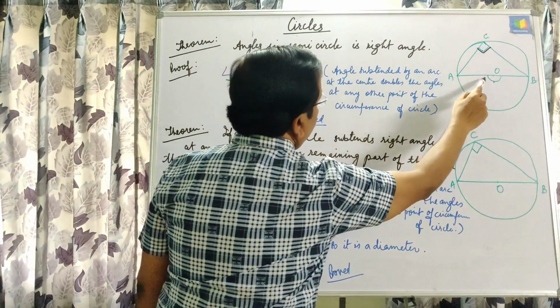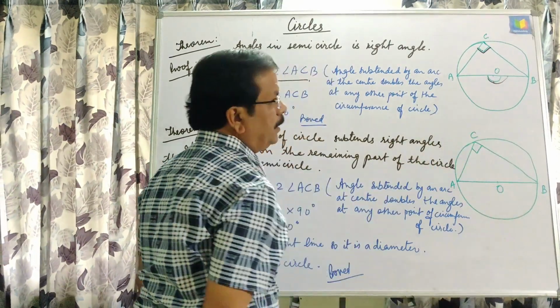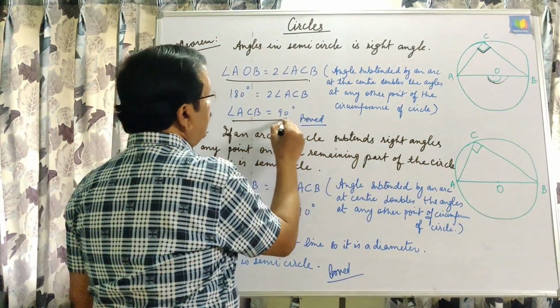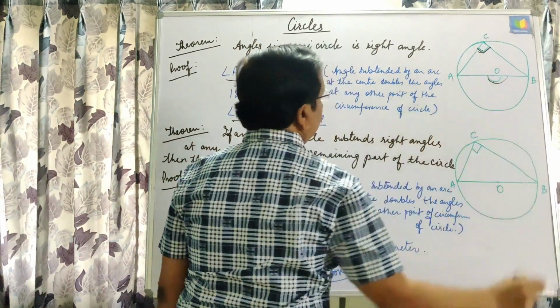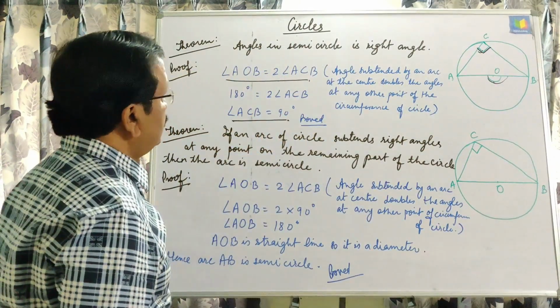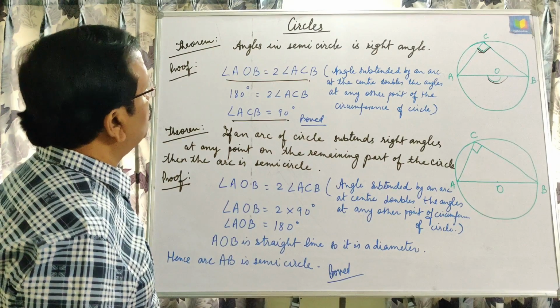But here this is 180 degrees, and so angle ACB is 90 degrees, and this is what we have to prove.